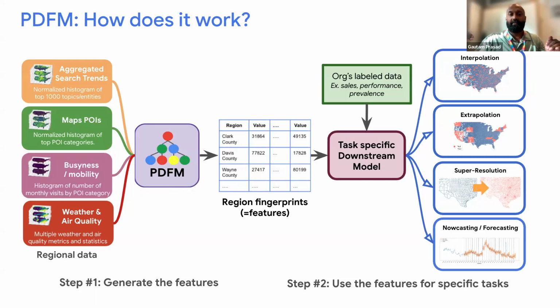For each of those zip codes and counties, we also look at the most frequent points of interest and maps. And these could be like categories related to cafes or parks or schools. And then we also look at the mobility related to those, like how many people are visiting them. And we encapsulate that in another set of features. And then finally, we have a set of statistics related to weather and air quality for those locations.